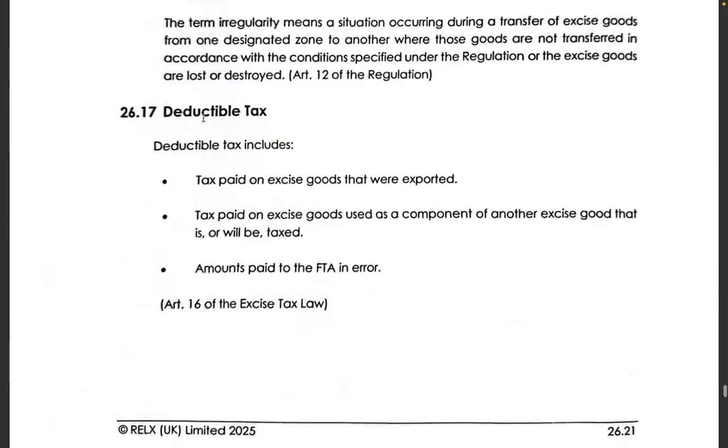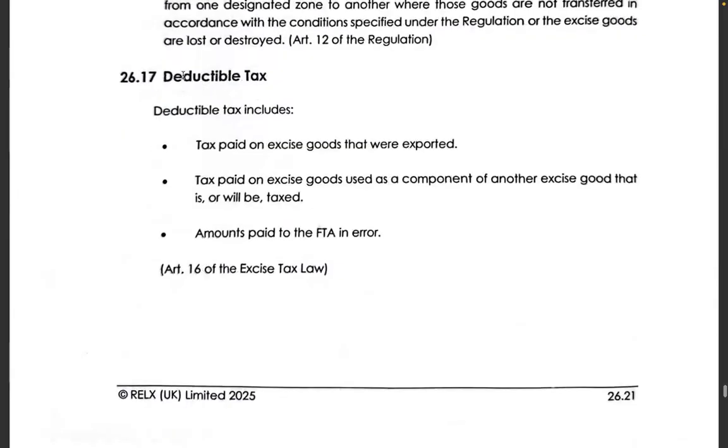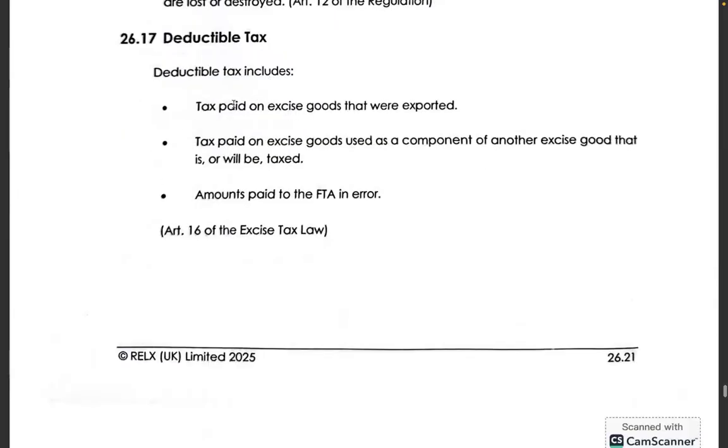Now, another topic, deductible tax. What is deductible tax? That includes tax paid on excise goods that were exported. And when we say tax, we're talking about excise tax.